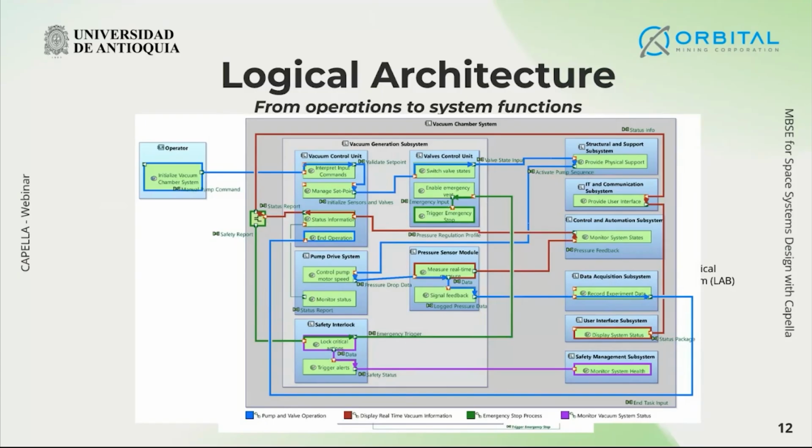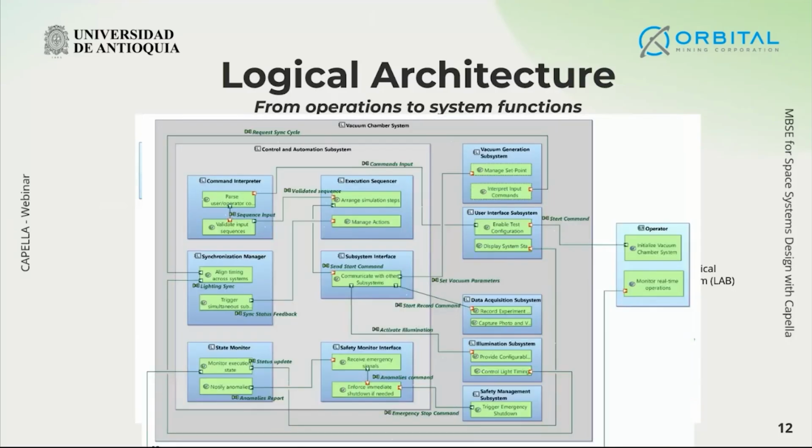For example, here we have the whole vacuum chamber system, but we have, for example, the vacuum generation subsystem, and how it has another subsystem inside it, and how all of these subsystems connect and interact with all the other subsystems of the vacuum chamber. Here we have another example without functional chains. It is the control and automation subsystem.